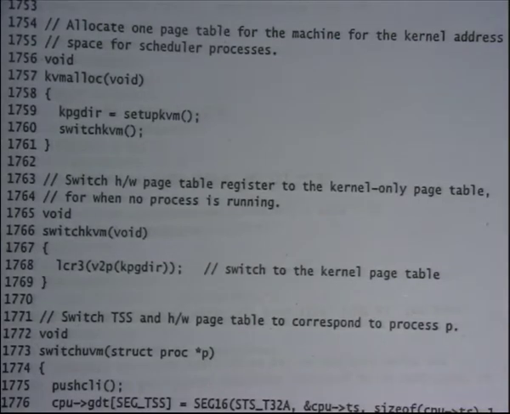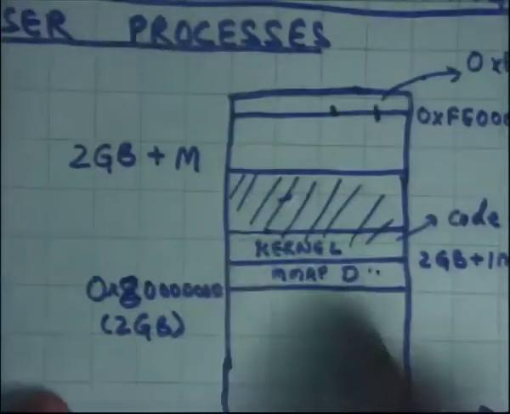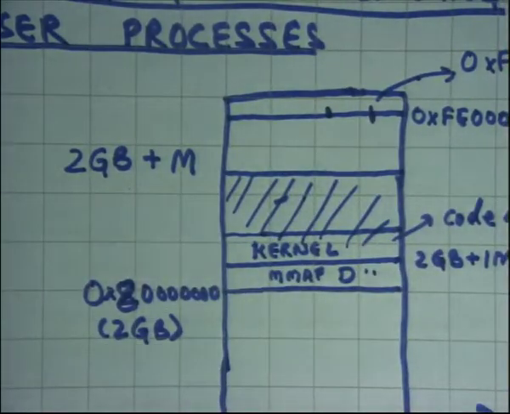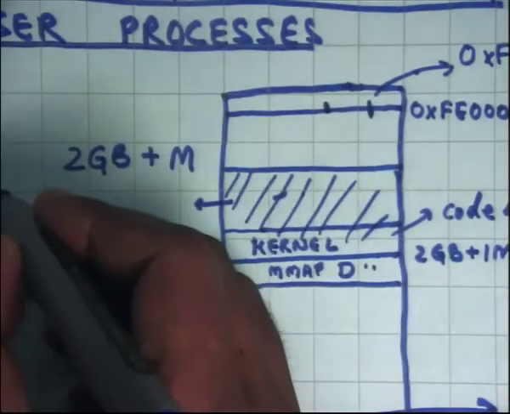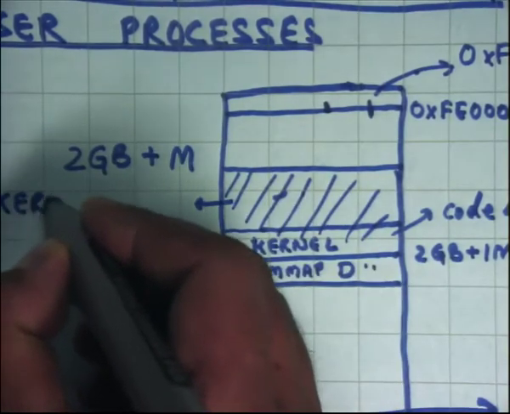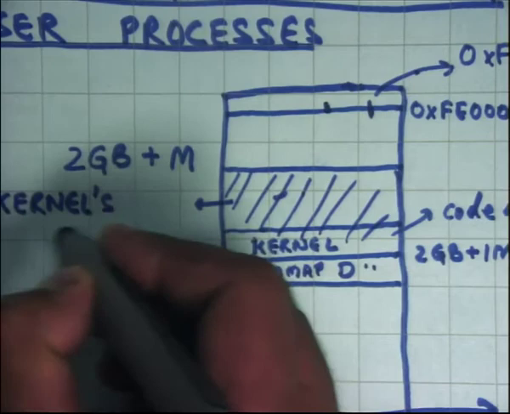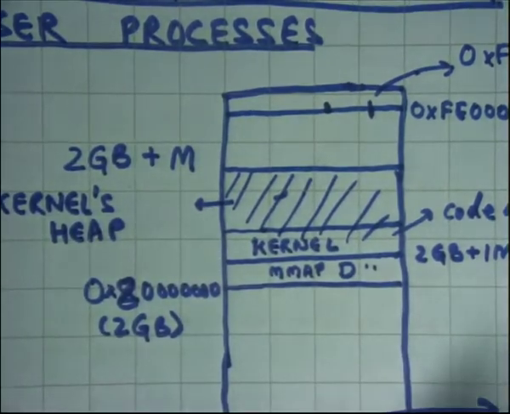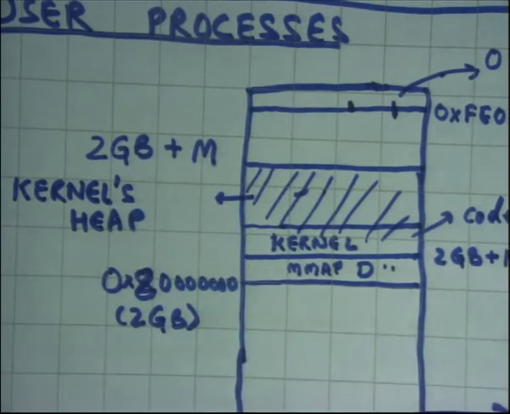Where is it going to get the pages for this page directory? From its heap, right, from all this area that we discussed, this extra area, this is the kernel's heap. So it's going to allocate a page directory from here, and it's going to initialize it, and return a pointer to the page directory, okay.